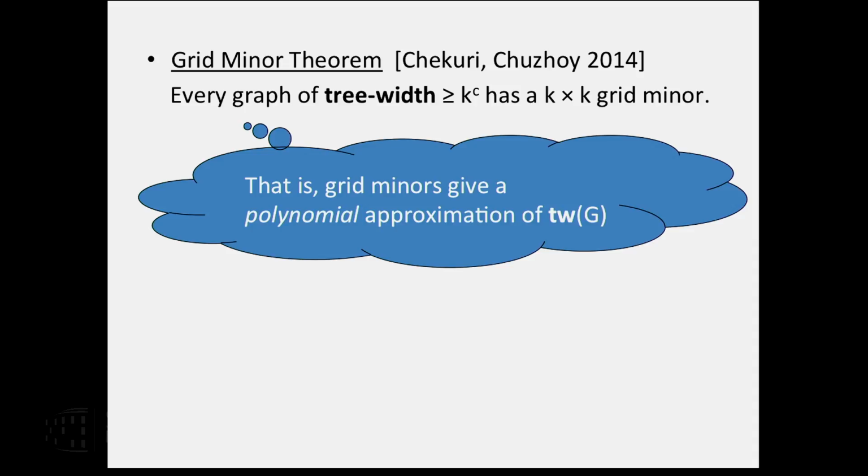Does it tell you how to find the k by k grid minor? In fact, it does. Their result gives a polynomial time algorithm which finds it. Finding a minor for a fixed graph is a polynomial time problem by Robertson and Seymour.